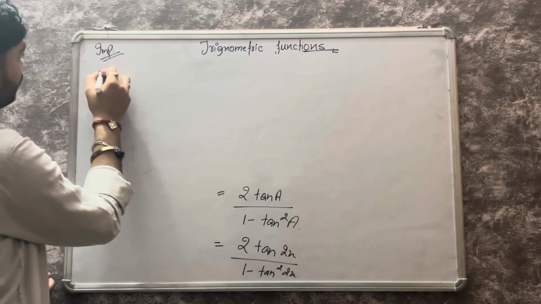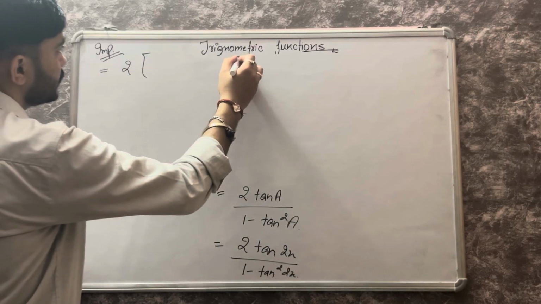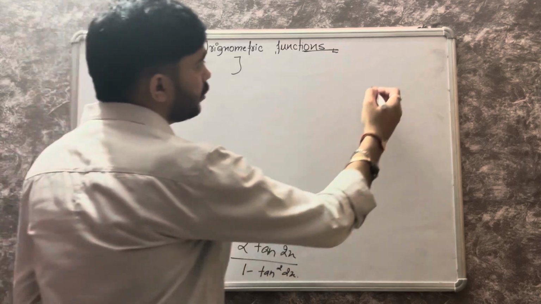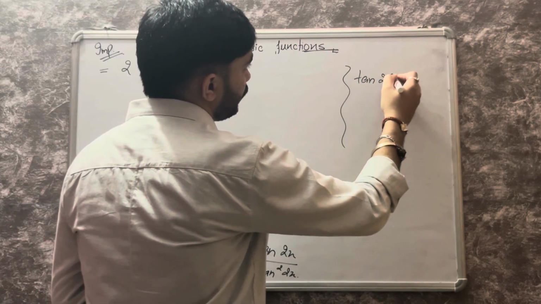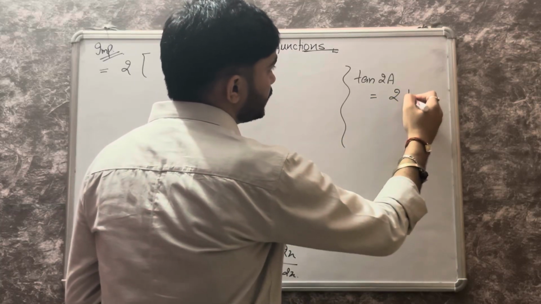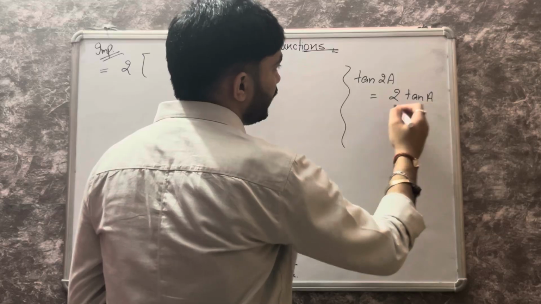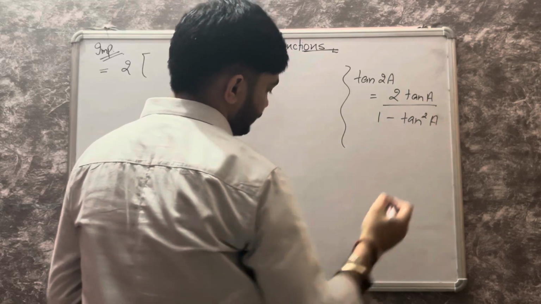So what we are going to do next, write 2 as it is and apply the formula of tan 2a again here. What is the formula of tan 2a? We have already written this, 2 tan a divided by 1 minus tan square a.